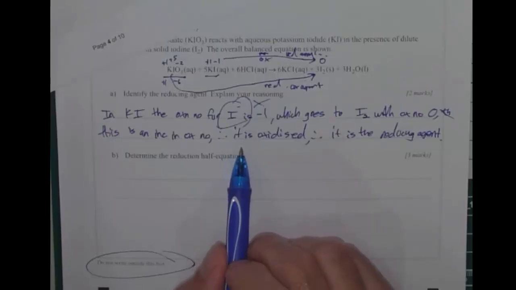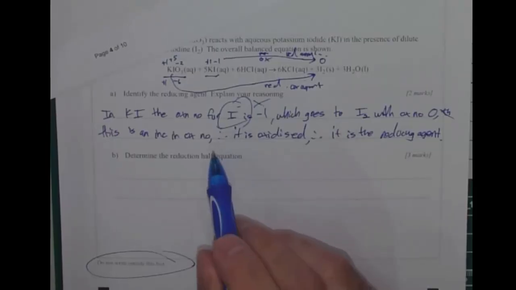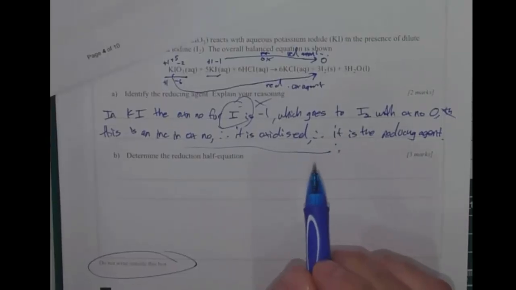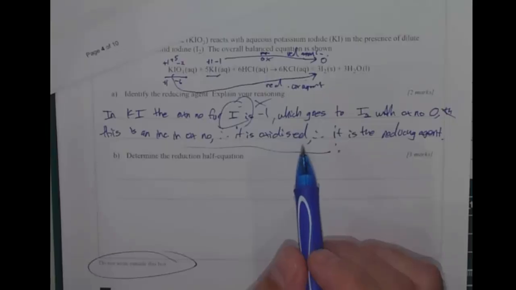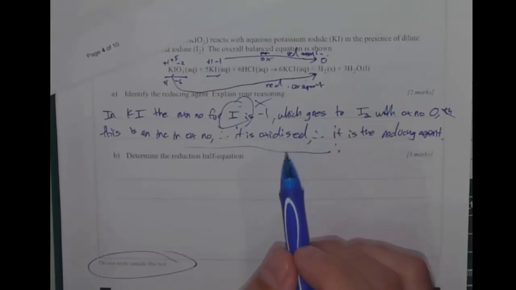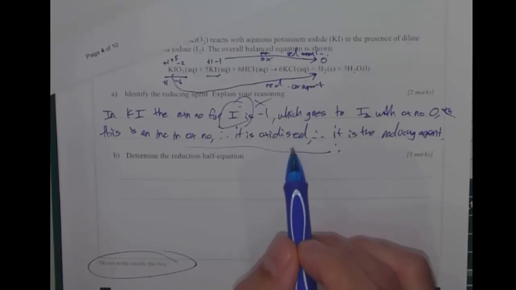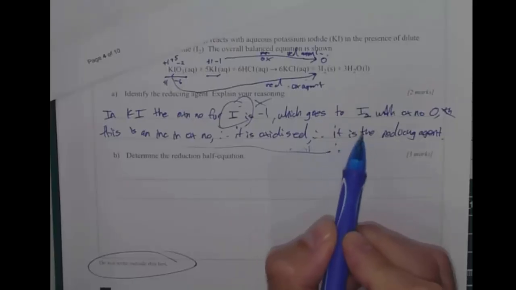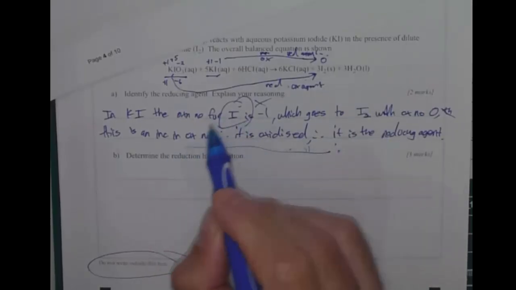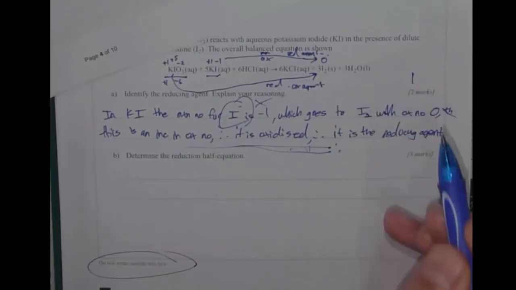Increase in oxidation number. Losing an electron is another way to say it. And I didn't say iodide, I just kept going, so that would be error carried forward. So I'm only giving myself 1 mark.